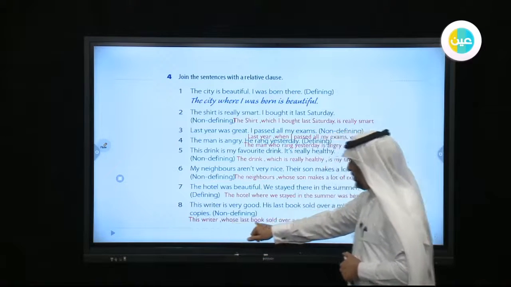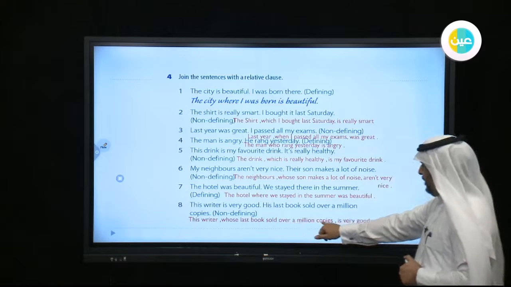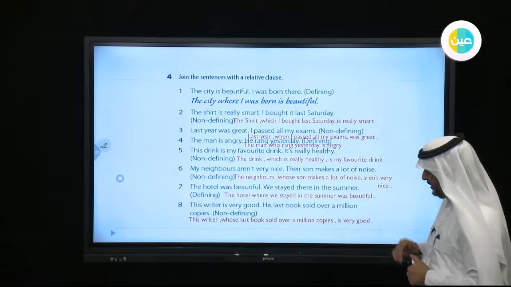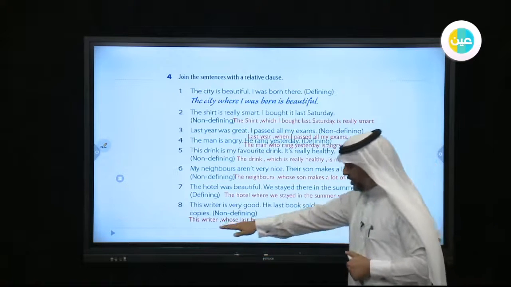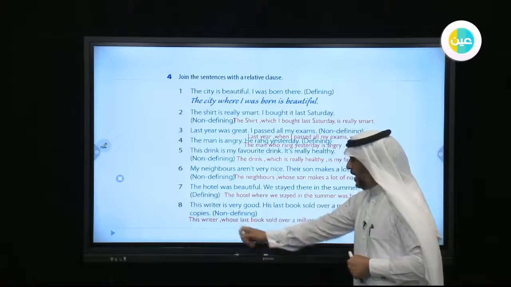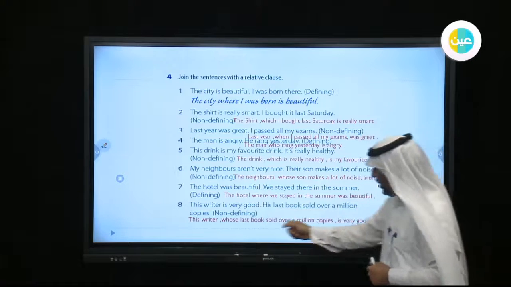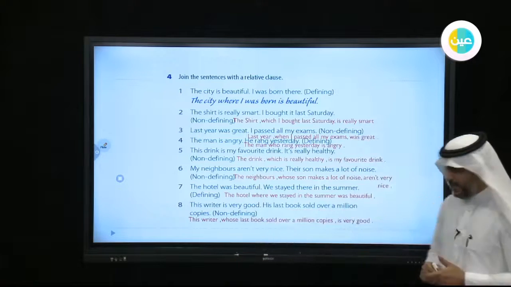This writer, whose last book sold over 1 million copies, is very good. The sentence shows possession, so we used whose, and it is a non-defining relative clause. It means that I can cross out the part between the two commas.